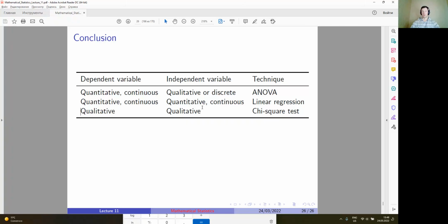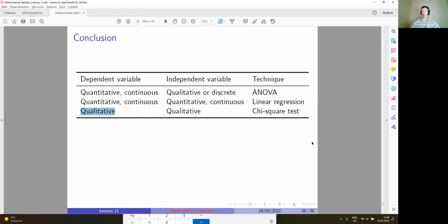Finally, if both variables are qualitative or categorical, marital status as independent variable and default as dependent variable, we apply chi-square test.